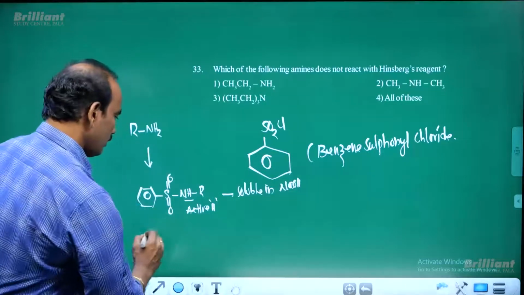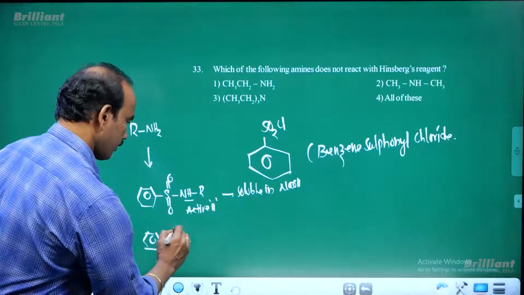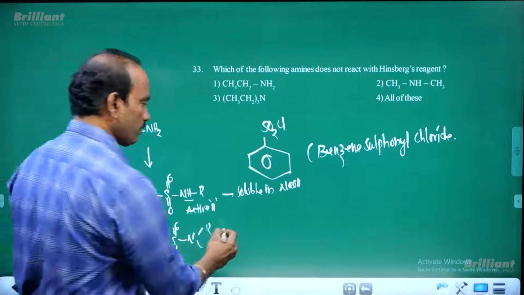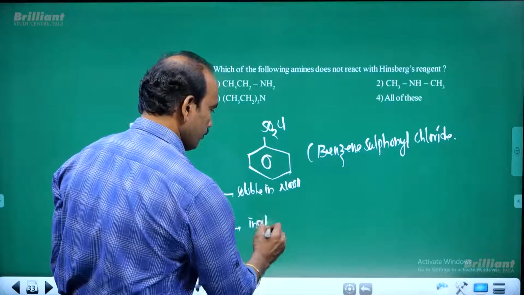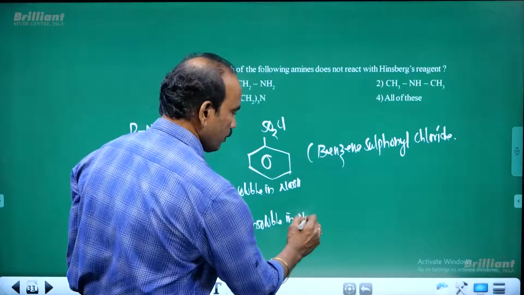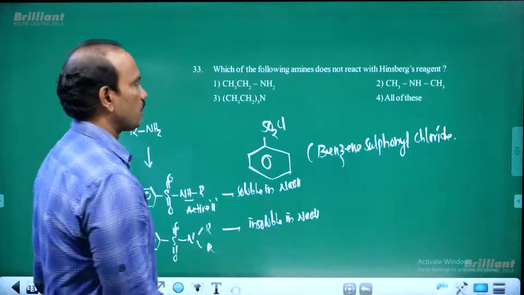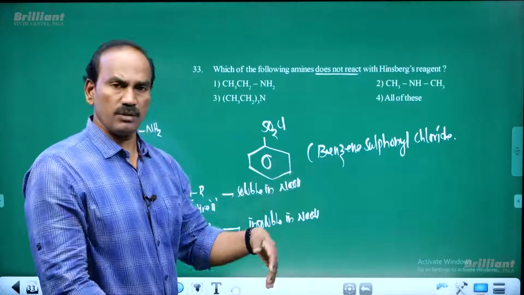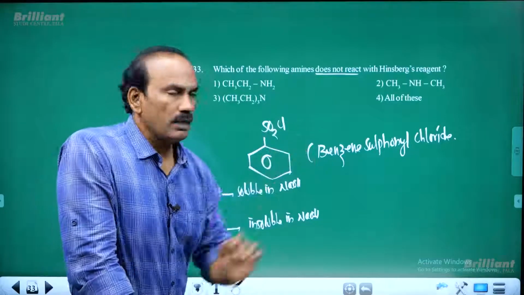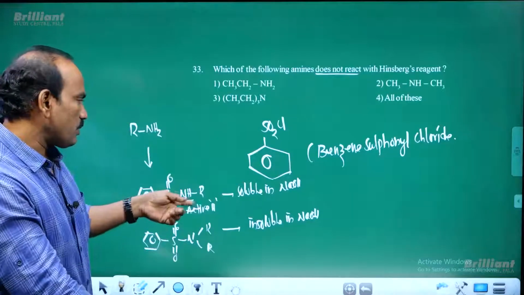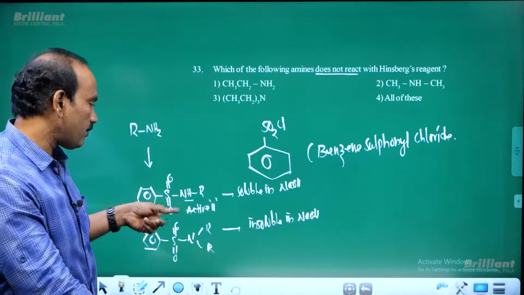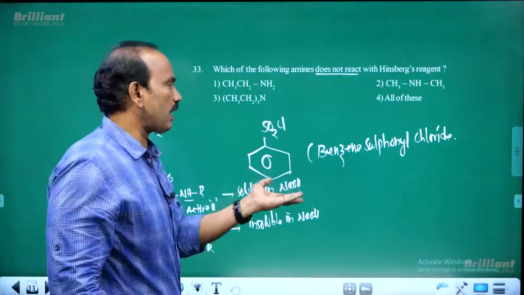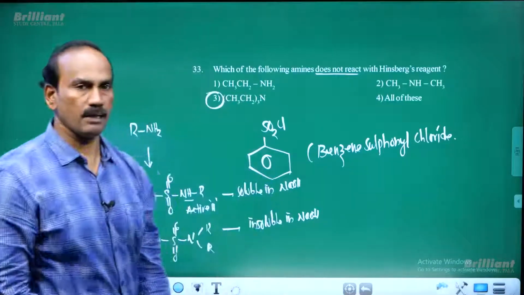Then secondary, there is no active hydrogen, insoluble in NaOH. Tertiary, there is no reaction. So, which of the following does not react? Primary amines and secondary amines both react with Hinsberg reagent. Primary amines form N-alkyl benzene sulfonamide. It has an active hydrogen, is soluble in NaOH. This is insoluble. Here there is no active hydrogen, there is no reaction. This is the answer. Clear?